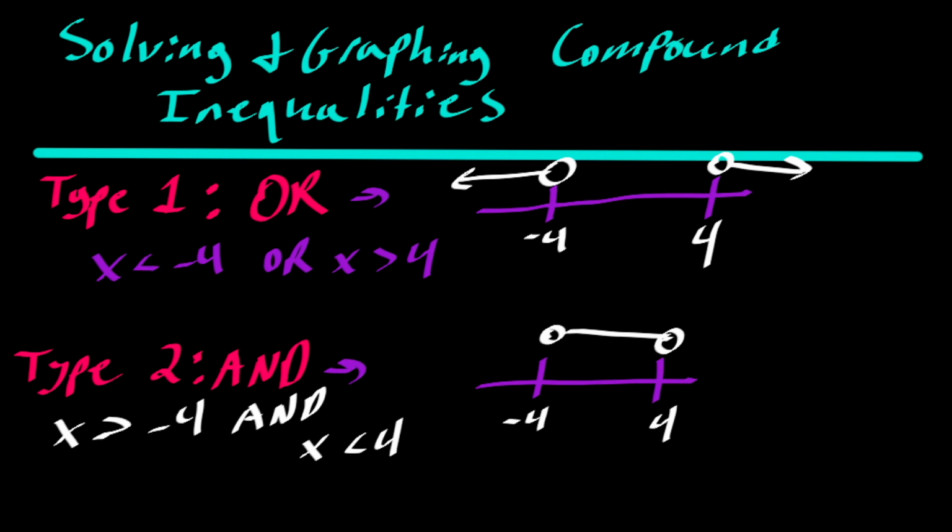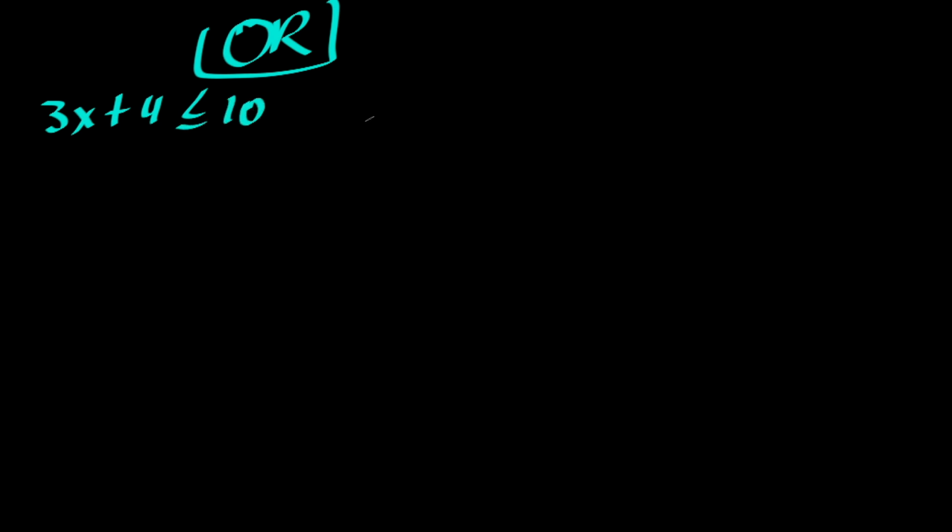All right, let's start off with an or inequality. Let's say 3x plus 4 less than or equal to 10, or, which I'm going to emphasize, the or in the middle, or 5x greater than 45.